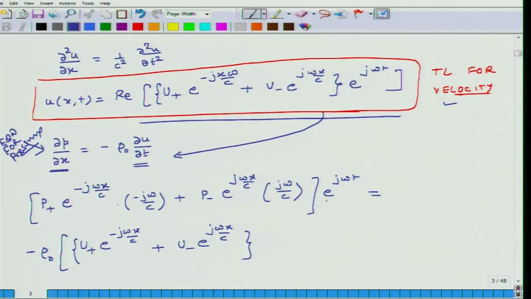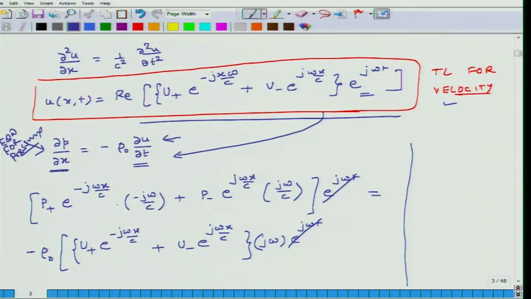Now I differentiate e to the j omega t with respect to t, which gives j omega e to the j omega t. So e to the j omega t cancels out. Whatever we have left of this equation must hold because Newton's law is valid for all values of time and also for all values of x. It is a universal law, so it does not matter which position we are at.